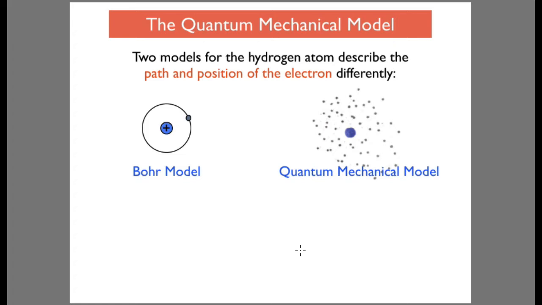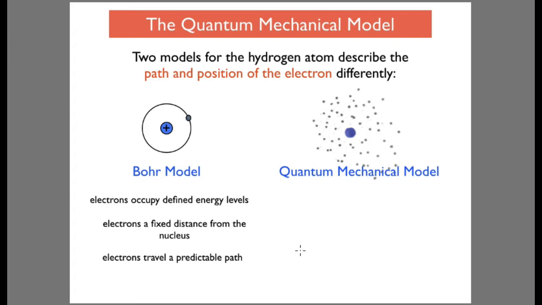The 2 models for the hydrogen atom below describe the path and position of electrons differently. The Bohr model shows that electrons occupy defined energy levels, a little bit like a solar system with planets going around the sun. Instead, it's electrons going around a positive nucleus. Electrons have a fixed distance from the nucleus, and electrons travel in a predictable path.